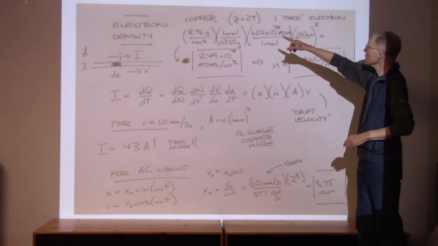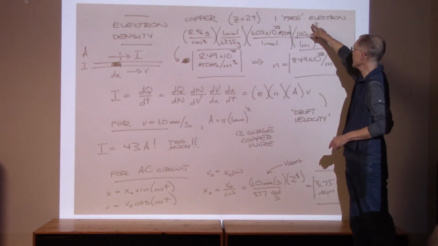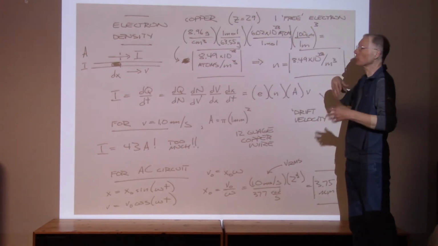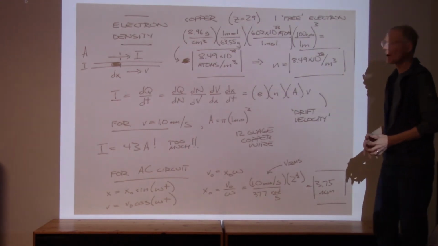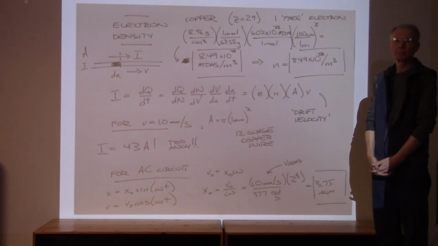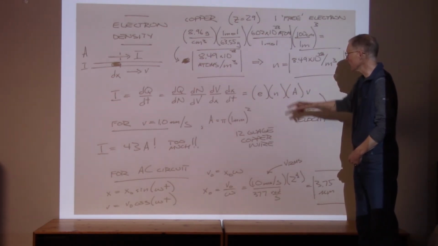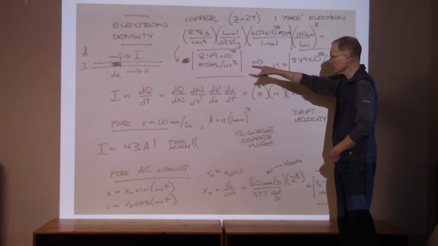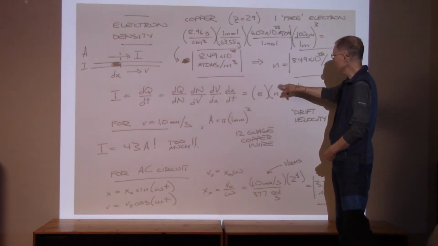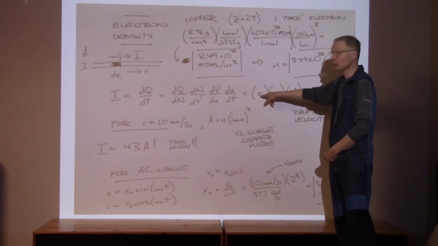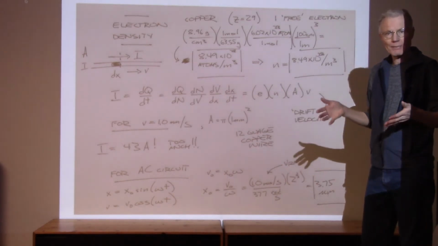Now, since each copper atom has one of its electrons that will help create the current, I can use that same number to calculate how many electrons are available. So that's my number for little n, and I can put that in the formula. What it's saying here is that the current depends on how many electrons are available, and how much charge the electrons have. I can't do much about that number. The electrons have a fixed amount of charge.